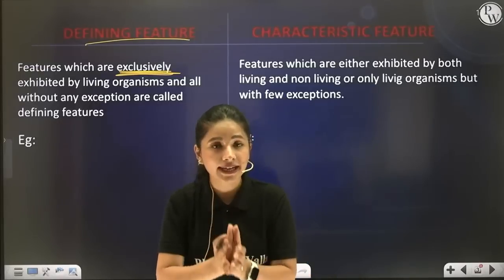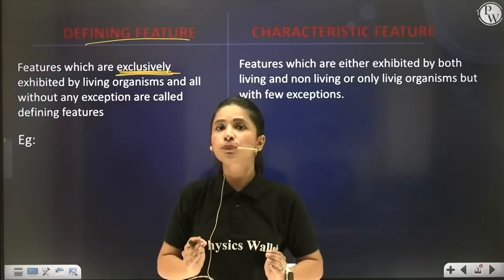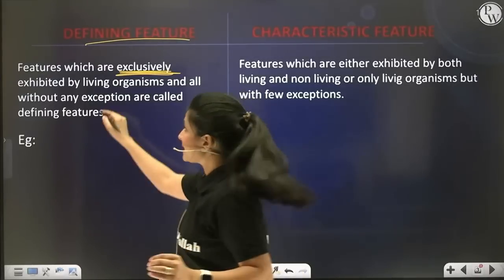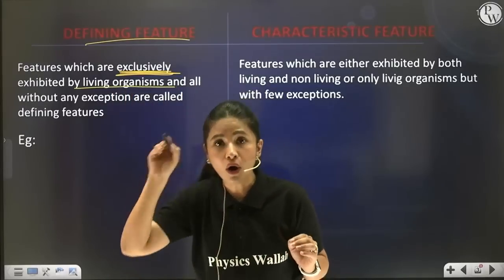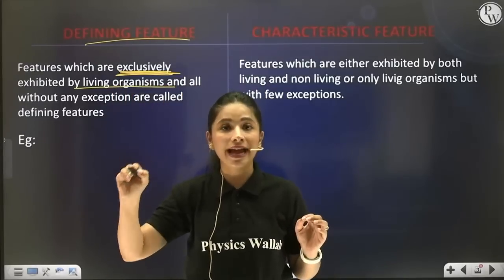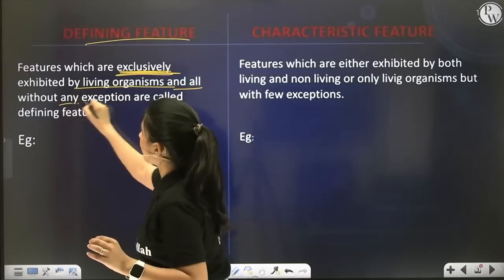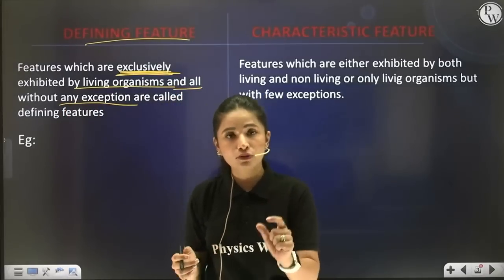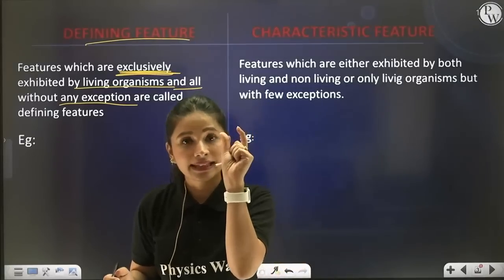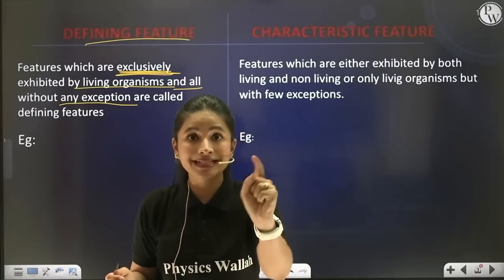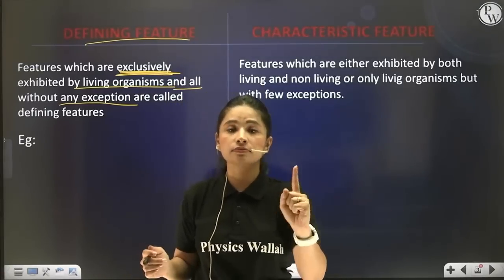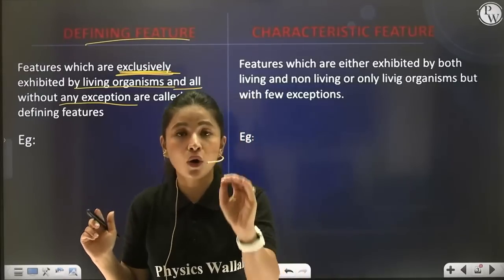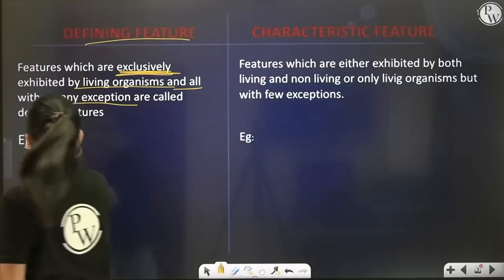So, defining features are those group of features which are exclusively exhibited by all living organisms without any exception. That means if I talk about a specific defining feature, then that property should be present in all living organisms without any exception. Like for example, I talk about consciousness.